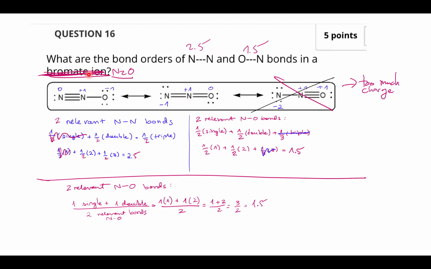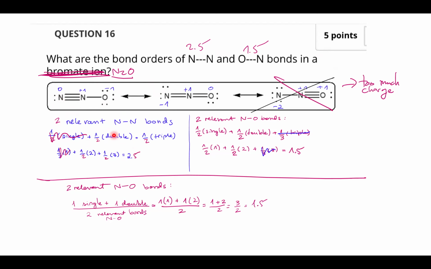Only one of the 2 relevant N to N bonds is a double bond. So it will be 1/2 times double, plus only one of the 2 relevant structures has a triple N to N bond, so 1/2 times triple.